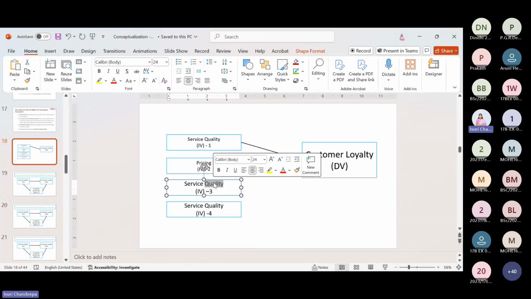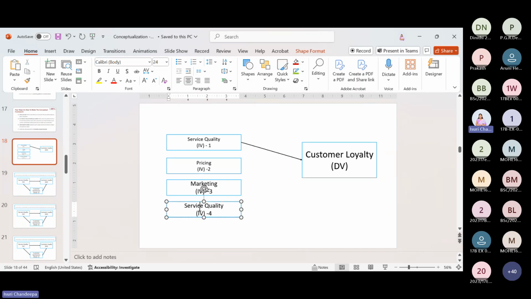and then marketing, and the other one, pricing, marketing, service quality, environment, physical environment.